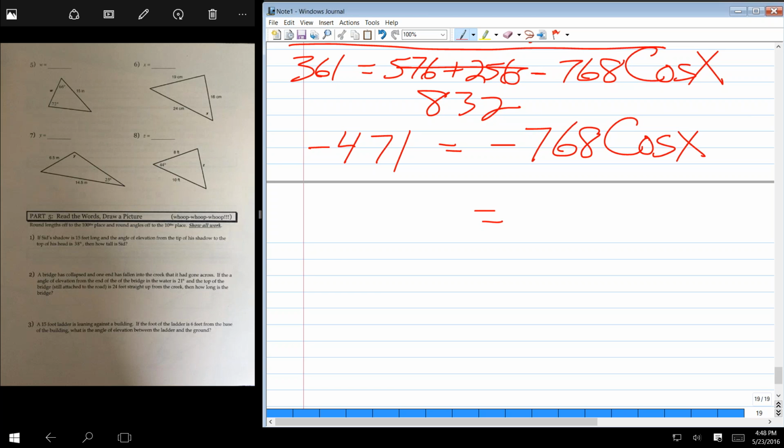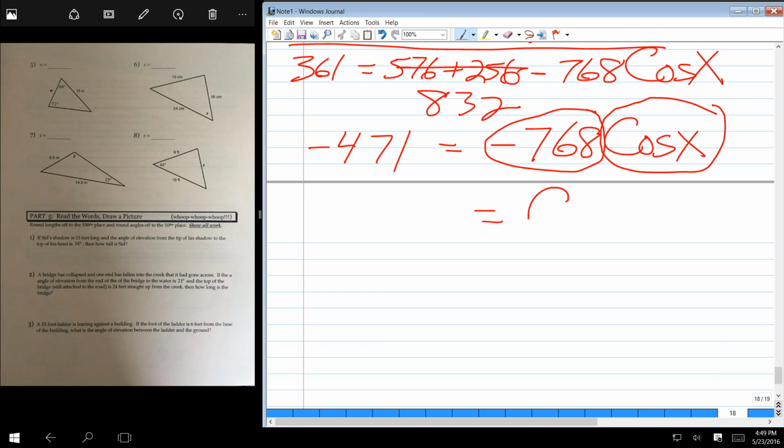What is 768 doing to that cosine x right now? Being multiplied by it. So you always do the inverse. In other words, you want to divide by negative 768. If I'm trying to isolate cosine of x, which is the first step before I solve for x, I have to divide both sides by this coefficient that is currently multiplying cosine x.